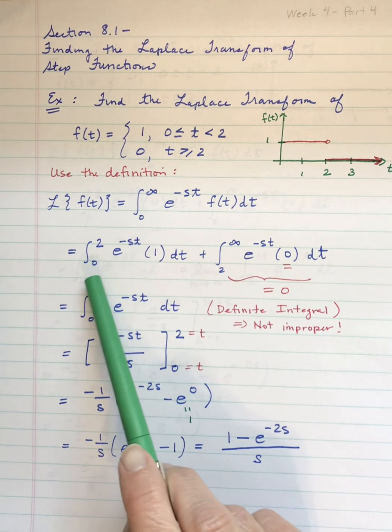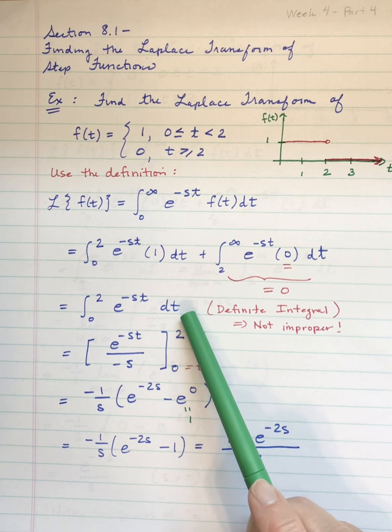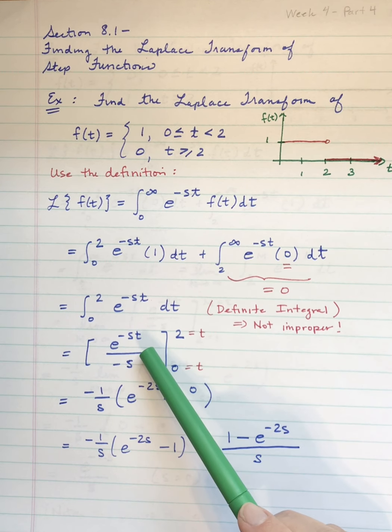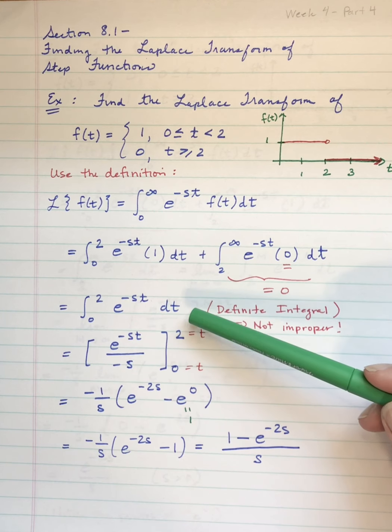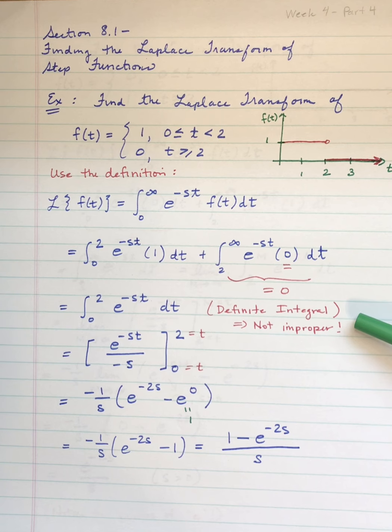So we just need to evaluate this integral. We're left with e to the minus st. We're integrating with respect to t, so the s is like a constant. And it's really just a definite integral from 0 to 2, so we don't have to do anything with any limits.